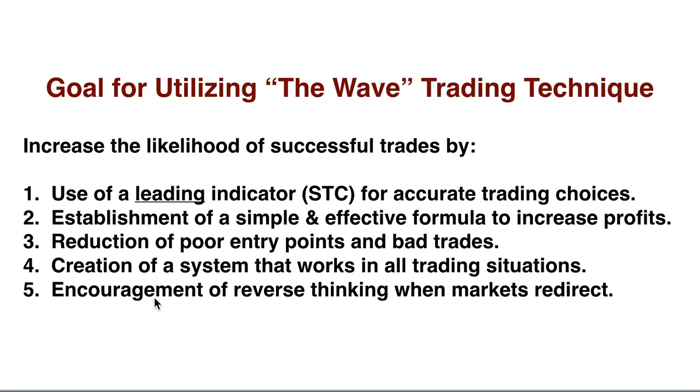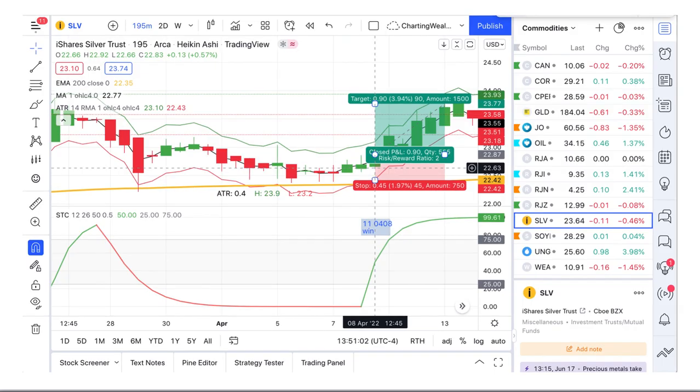It also encourages, this is something I hadn't touched on yet, reverse thinking when markets redirect. What do I mean by that? I mean that if price all of a sudden plunges below the 200 period moving average line and you see it go from red to green or green to red, the opposite direction, you can automatically rethink, hey, wait a minute, I didn't have this up trade work, but now I have a possibility of a down trade because things have crossed over.